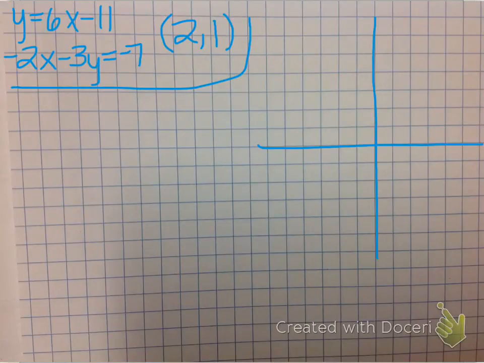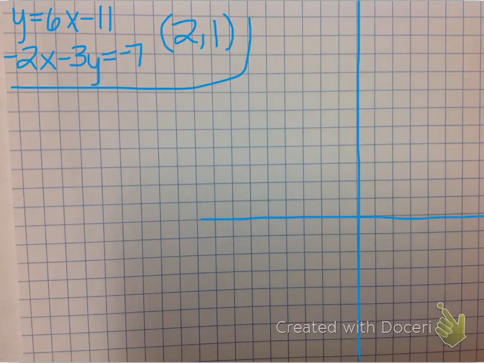My first line is already in y equals format, so I can graph it just the way it is. I'm going to go 1, 2, 3, 4, 5, 6, 7, and it looks like I didn't make my graph big enough, so one second. Let me just do that real quick. Okay, so negative 11 is 1, 2, 3, up to 11.